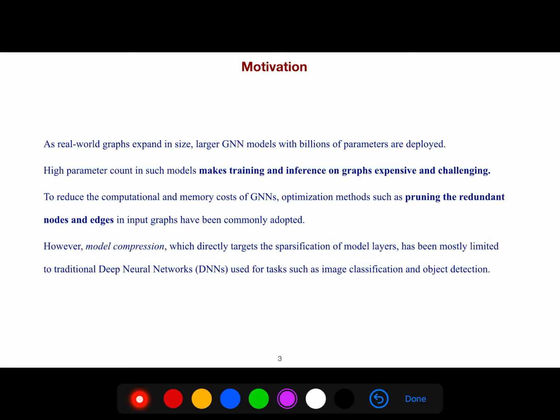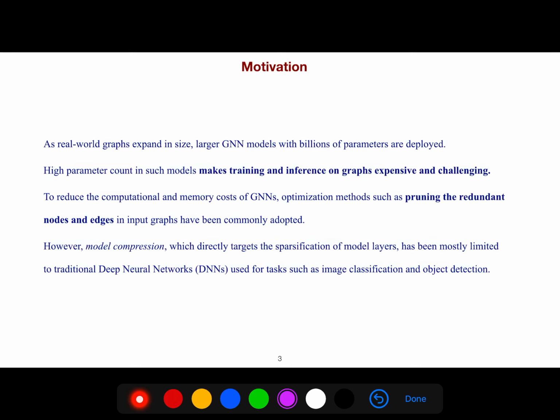As real-world graphs expand in size, larger GNN models with billions of parameters are deployed. A high parameter count in such models makes training and inference on graphs expensive and challenging. To reduce the computational and memory costs of GNNs, optimization methods such as pruning the redundant nodes and edges in the input graphs have been commonly adopted.